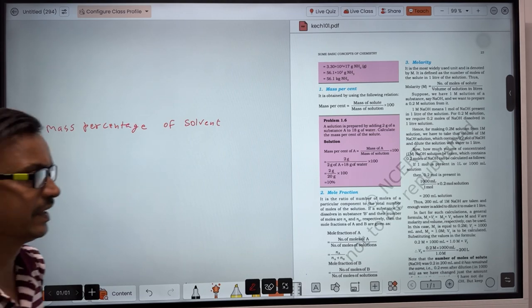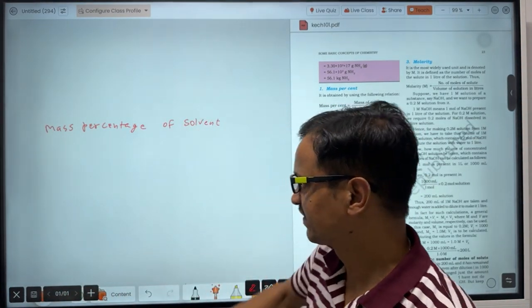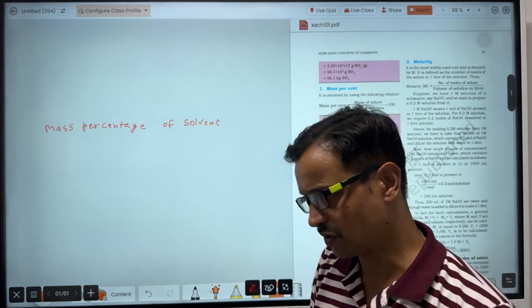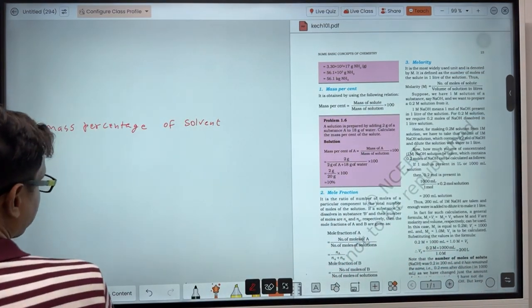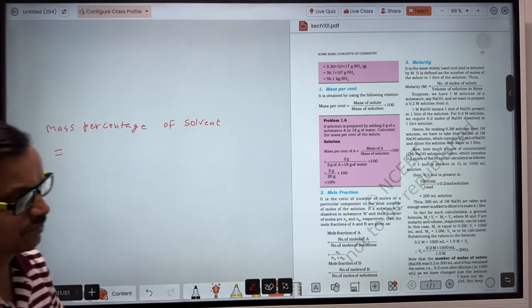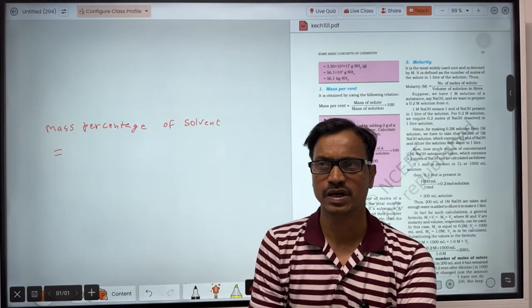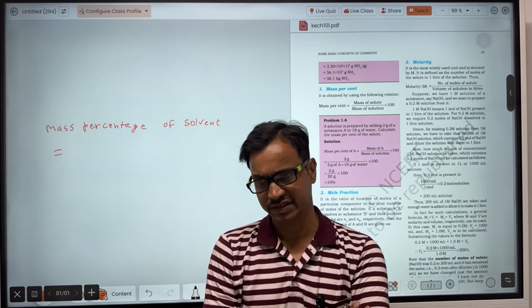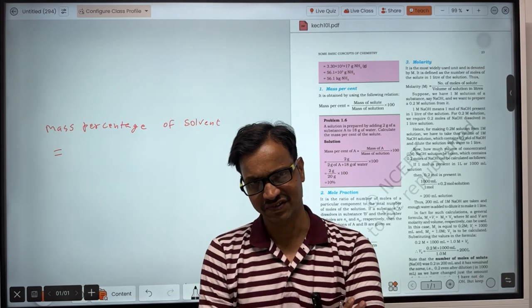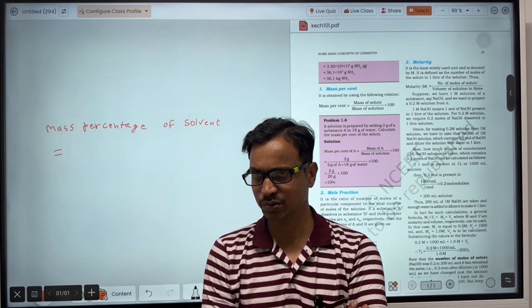as you have found the mass percentage of solute, in the same way you can find the mass percentage of solvent. As you have written, mass percentage of solute equals mass of solute in gram upon mass of solute plus solvent in gram, into 100.